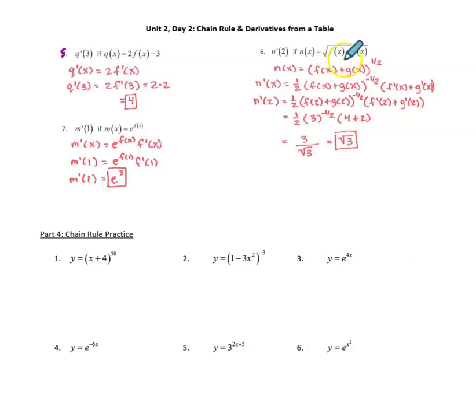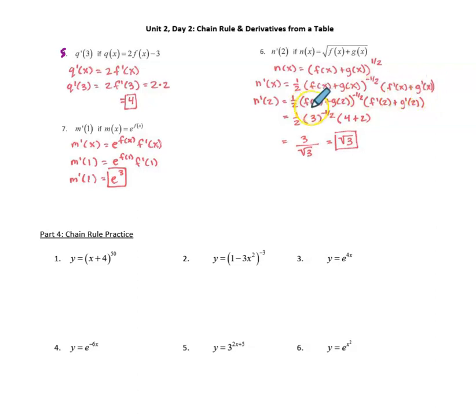This one is a chain rule because we have an inside function, f plus g, and then the outside function is raised to the 1/2. So first we're going to bring down the 1/2 and drop a degree to differentiate the outside function, leaving f plus g, the inside function, intact. Then we multiply by the derivative of the inside function, so f prime plus g prime.